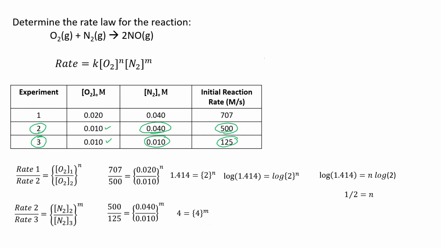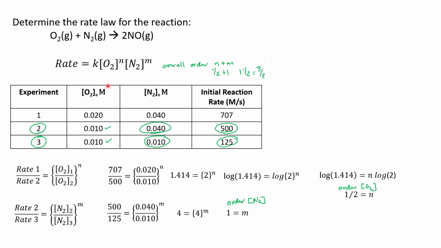Again, this is a really obvious one. m equals 1. 1 is the order for our nitrogen, and 1/2 is the order of our oxygen, and of course our overall order is simply the addition of n plus m, which is 1/2 plus 1, or 1.5, or you could also call this 3/2 if you want.